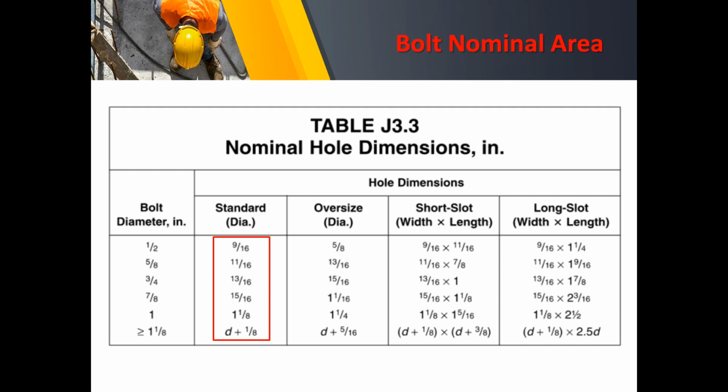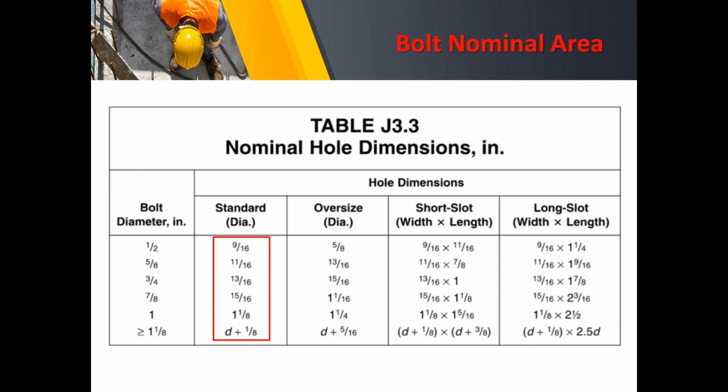For example, if the bolt diameter is 1/2 inch, then in the cross section we should not use 1/2 but rather use 9/16 or 5/8 inch diameter. Instead of using the width 5/8, we use 11/16, and so on and so forth.